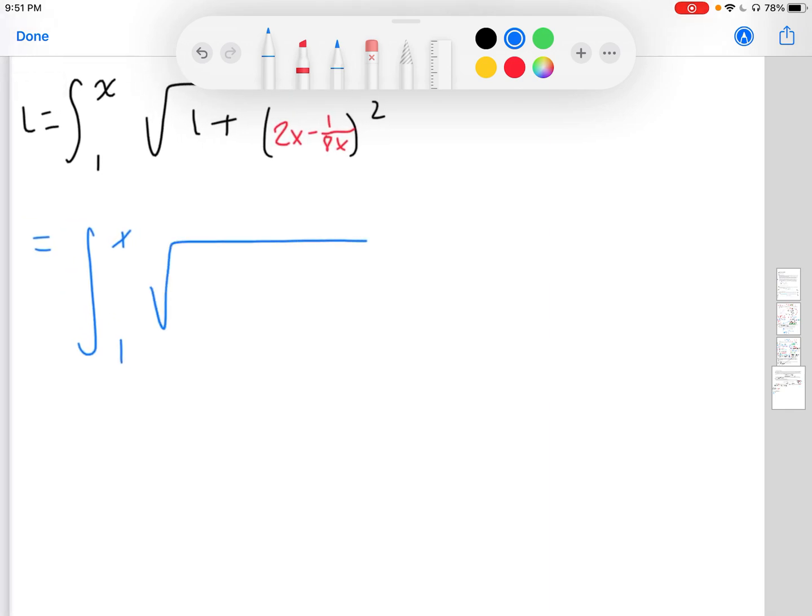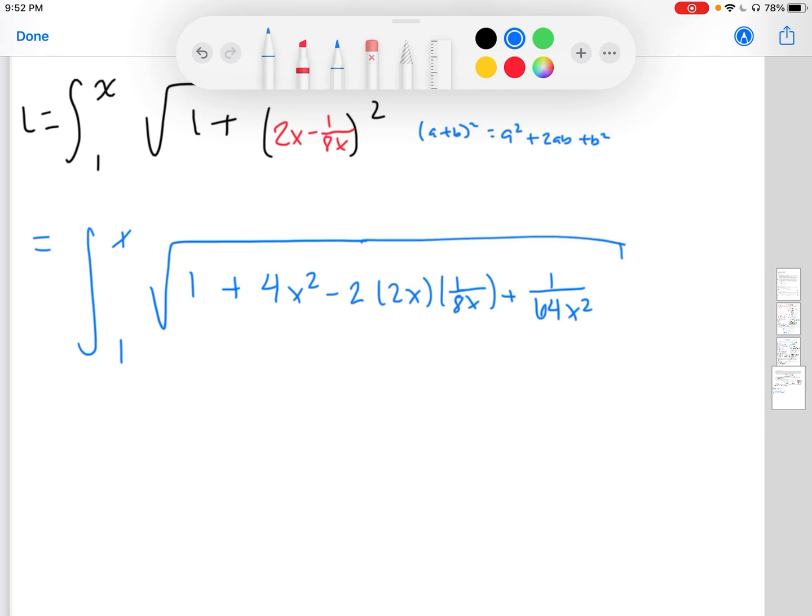So we have the square root of 1 plus. So this is a type of binomial, right? So remember your binomial rules. If we're squaring it, a plus b squared is the same as a squared plus 2ab plus b squared. So that's going to give us 4x squared minus 2 times 2x times 1 over 8x plus 1 over 64x squared.